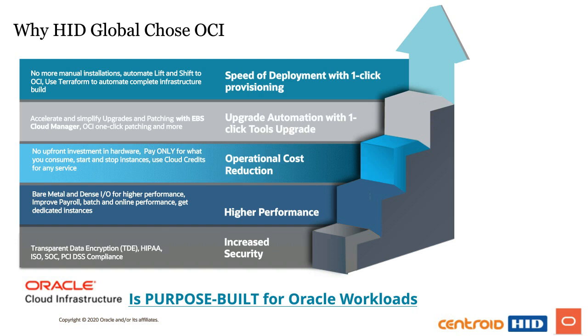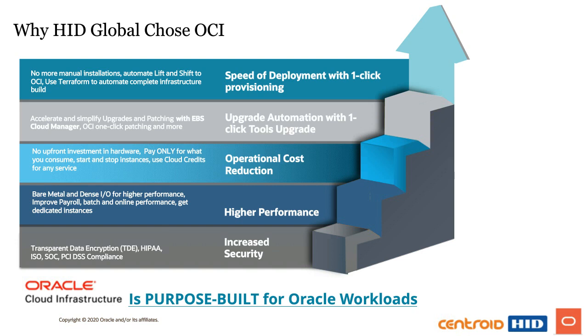It gave them higher performance. Their batch processing, their online transactions, their forms and reports were performing at a much higher performance metric than what they were getting on-premise in their data center operations. It helped them reduce operational costs.